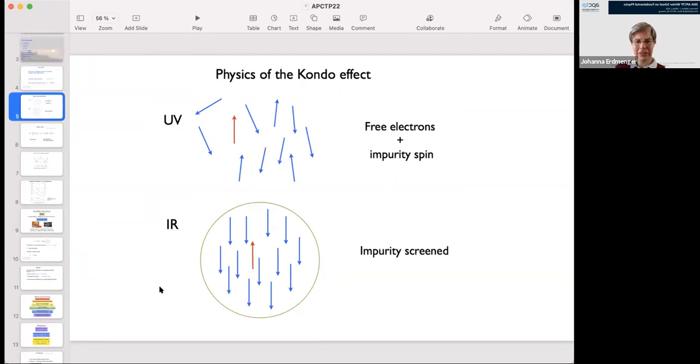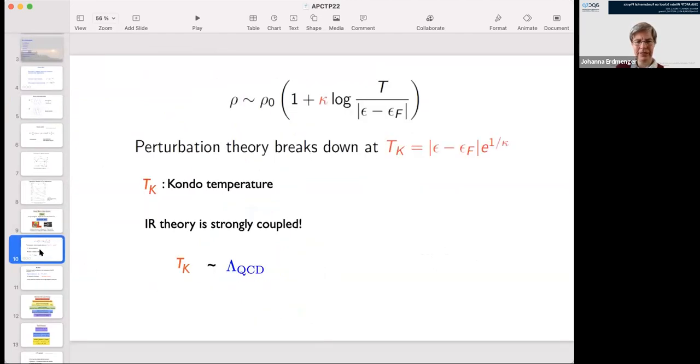And now let me go to the calculation again. This is this one-loop calculation. And in the infrared, the theory is strongly coupled, which means that there's a strong interaction between the impurity spin and the electron spin.